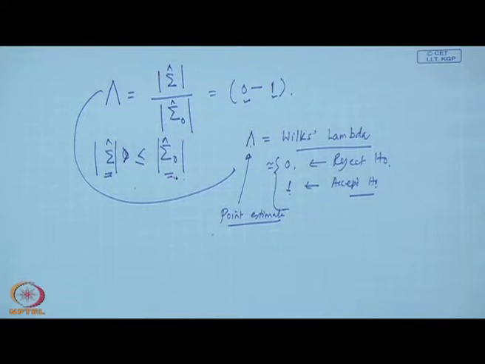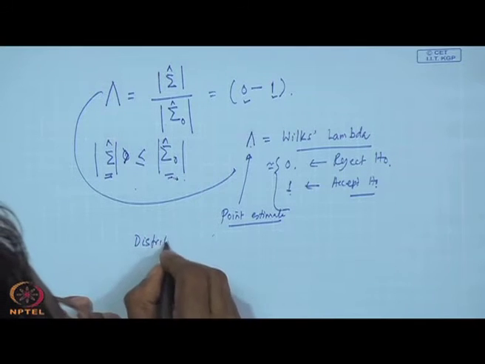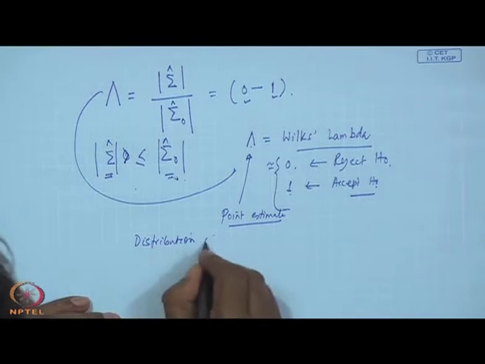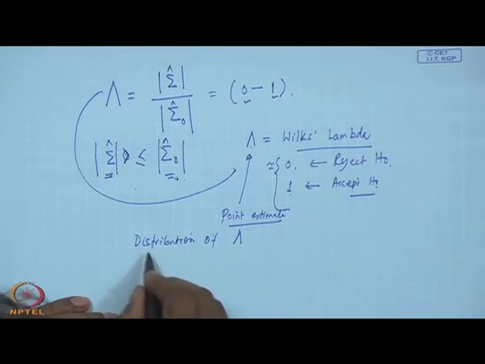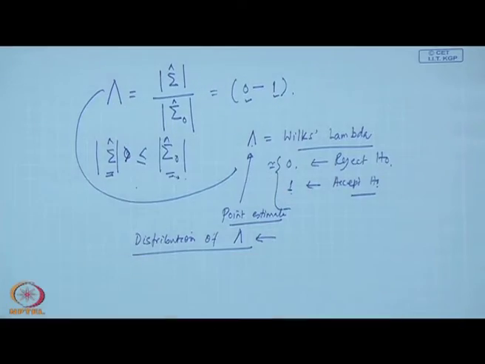So, as a result, what is required? We require to know the distribution of lambda. This is very, very important, correct? But lambda computation is complex. First of all, the SSCP matrix, the full model, the reduced model, then if p is very large, q is also large, the complexity is huge.